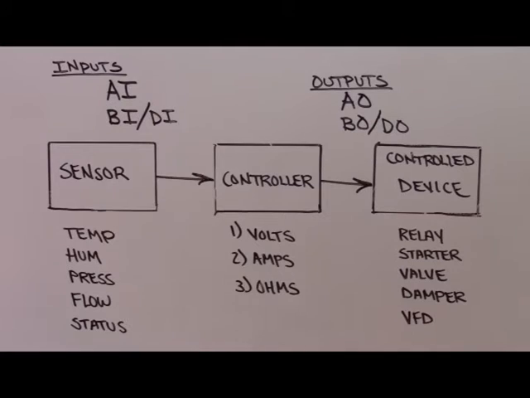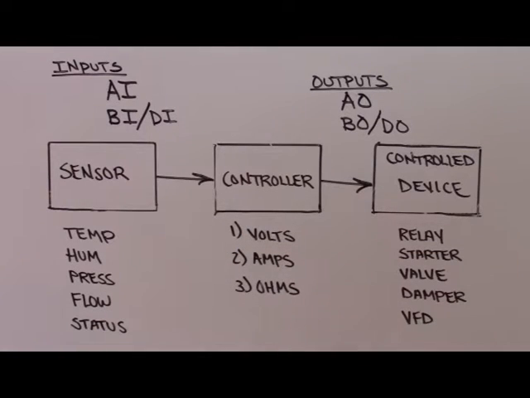The point is that every sensor, no matter what kind it is, always converts whatever it measures into a signal the controller can understand, which is going to be voltage, amperage, or resistance.